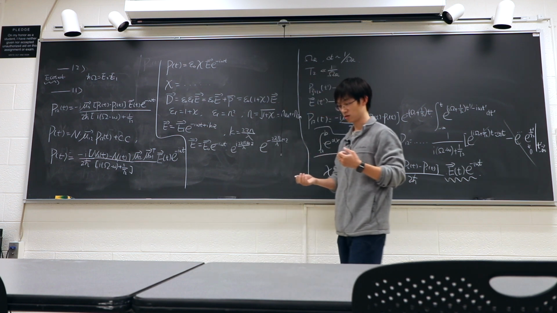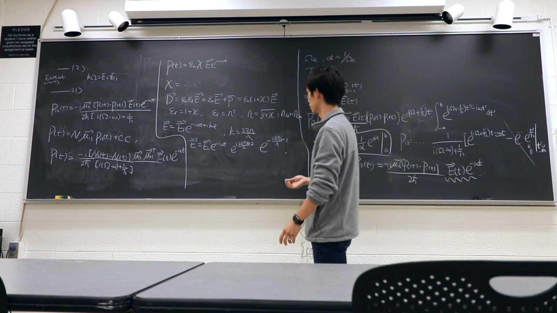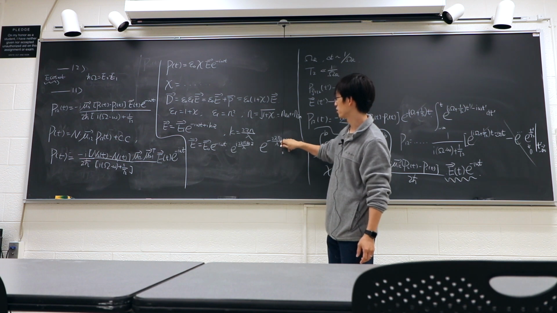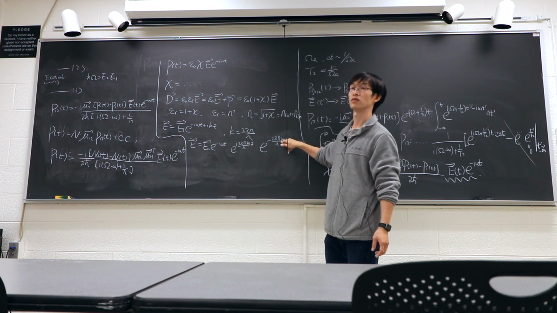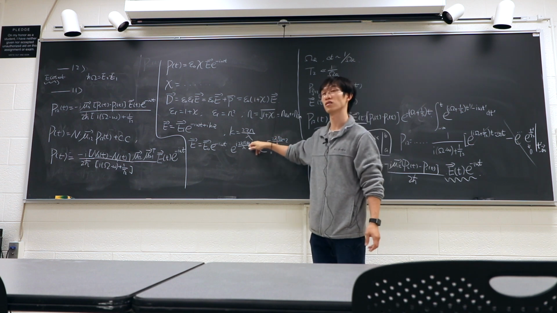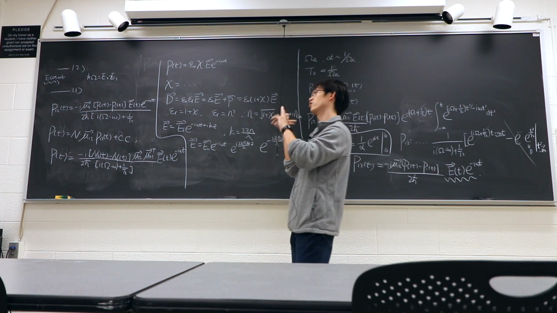So plasmonic is you use metal to do photonics, to do optics. And in plasmonic, you have to keep the imaginary part always, because the imaginary part sometimes can be larger than the real part.